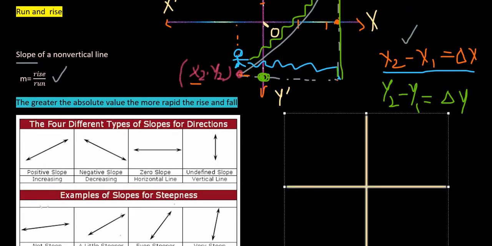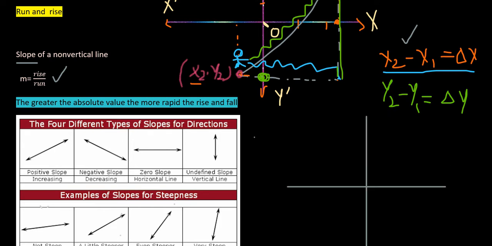Okay, the greater the absolute value, the more rapid the rise and fall.